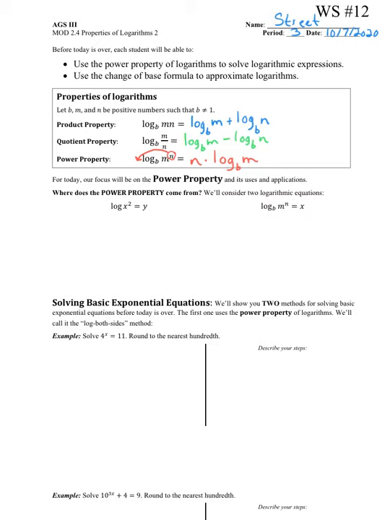And when we have this power property, it's going to help us solve exponential equations, and that's what we're going to be looking at today, moving towards solving. But first, let's take a look at how to prove this power property. We're going to look at two separate logarithms here. One of them, log of x squared equals y. The other one, we're going to use generic letters, log base b of m to the n power.